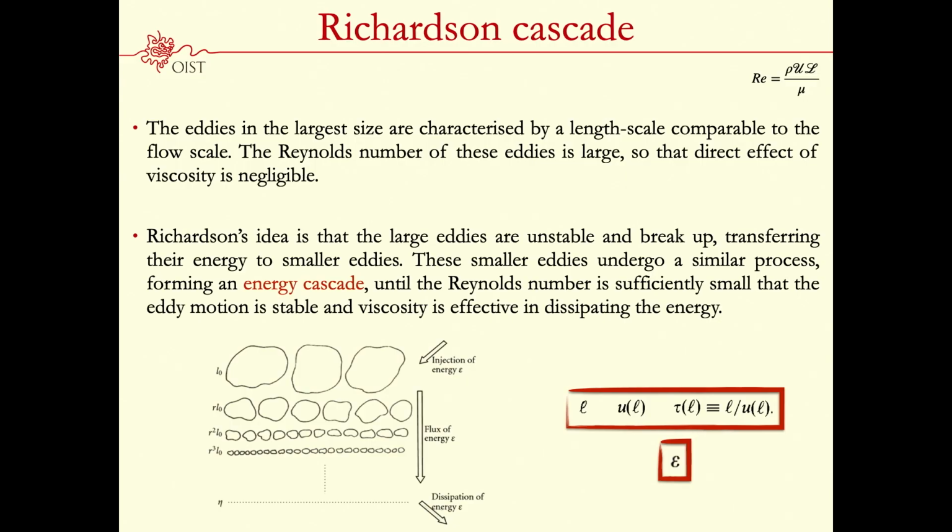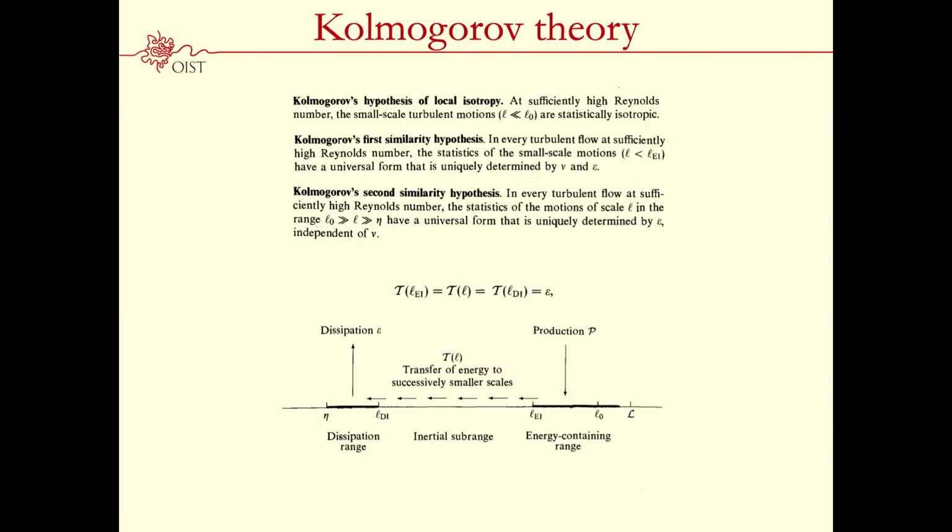One important thing of this picture is that the flux of energy, epsilon, is basically the amount of energy that you're injecting, which is then transported through scales and then dissipated, the same at the end. So this variable is very important for the theory, which was made by Kolmogorov in 1941. I will not go into the theory, but he basically created the mathematical framework to describe turbulence.